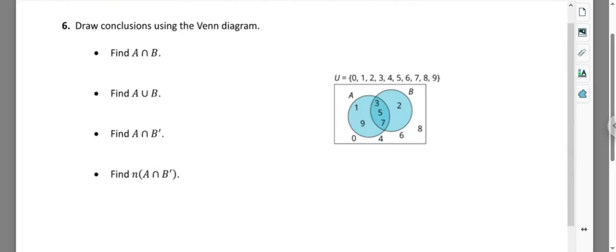All right, so A intersecting B are clear. We have 3, 5, and 7 that show up in both.